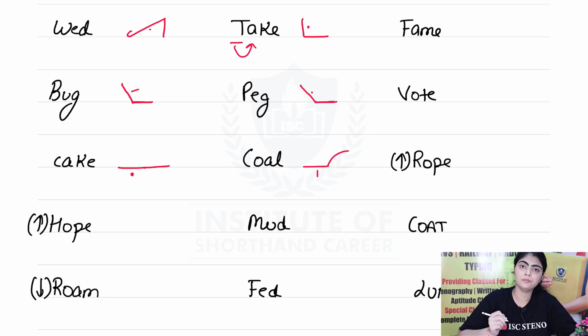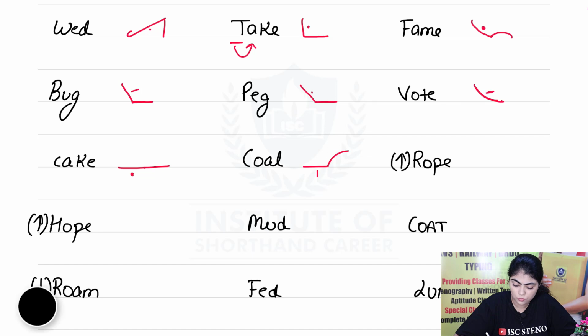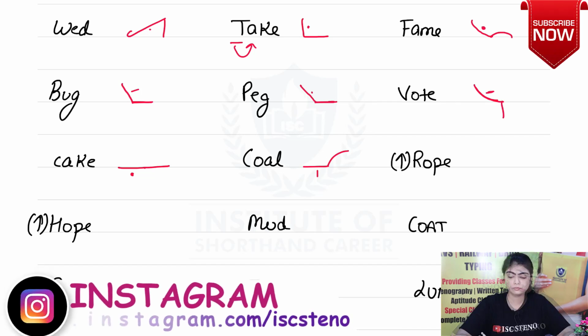Next is fame, F, A and M, fame. Next is vote, make a darker V, Vo, O and T. Next word is rope, R, O and P, rope.